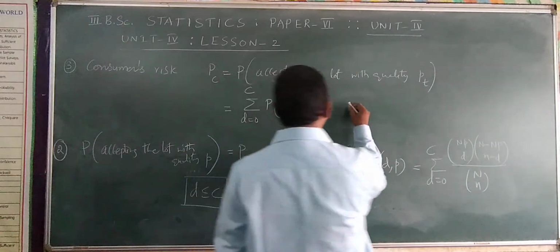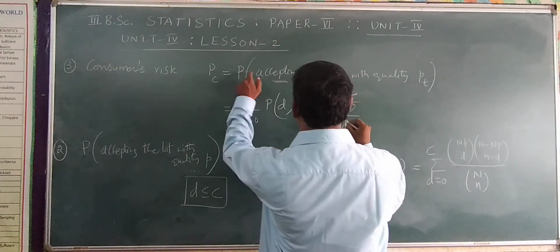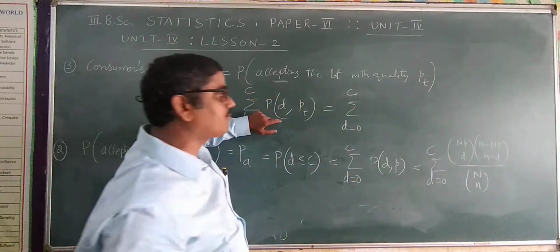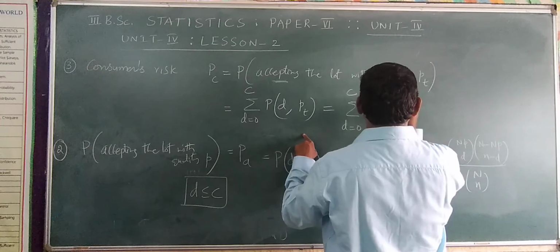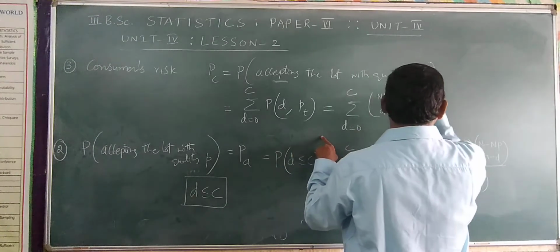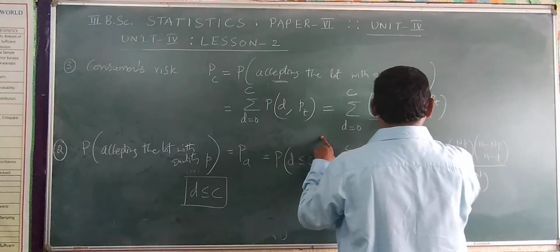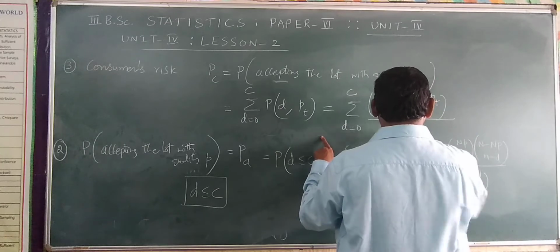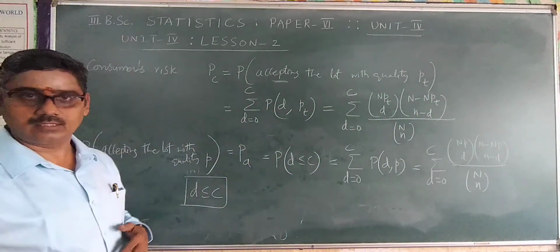So it is summation D is equal to 0 to C, directly accepting, which is NPTCD multiplied by N minus NPT C N minus D divided by NCN. You understand? This is consumer's risk.